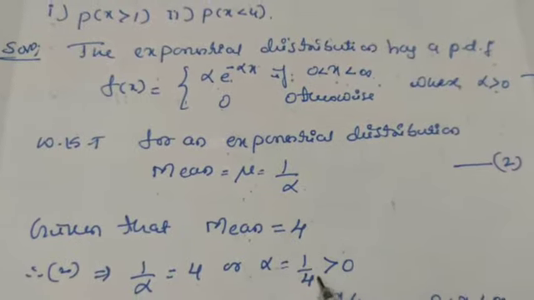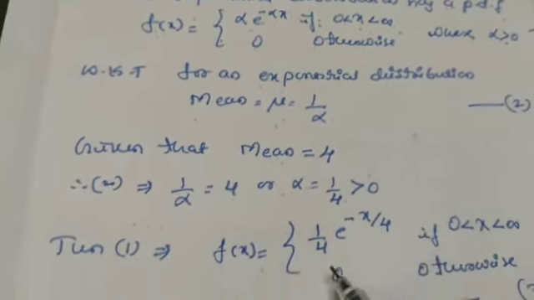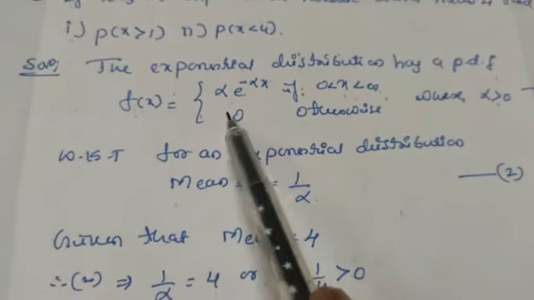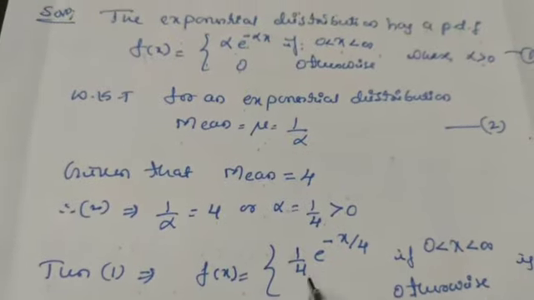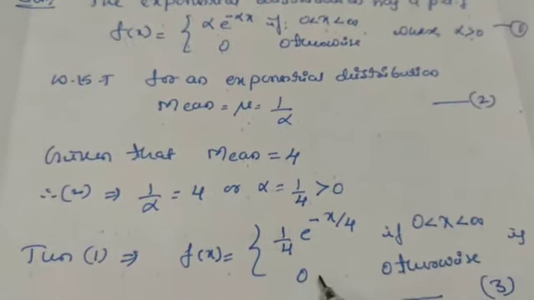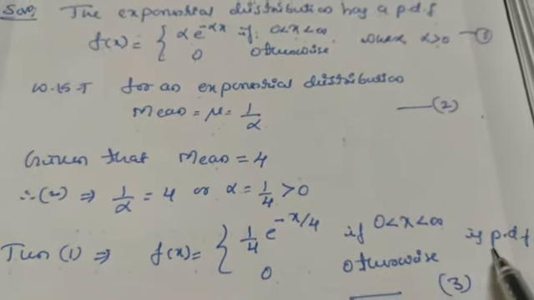This implies alpha equals 1 by 4, and this is greater than 0 because it is given alpha is greater than 0. Then equation 1 implies you have to substitute the alpha value here. f of x is equal to 1 by 4 into e raised to minus x by 4, if x is in between 0 and infinity, and in all other cases its value is 0, is the probability density function.